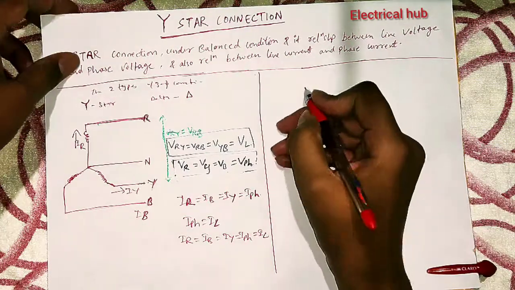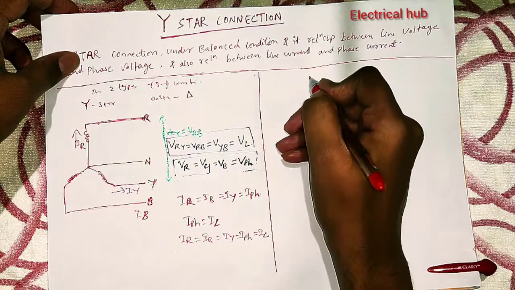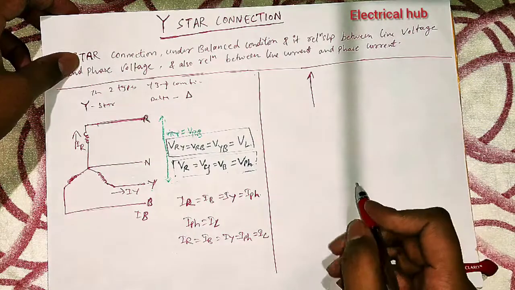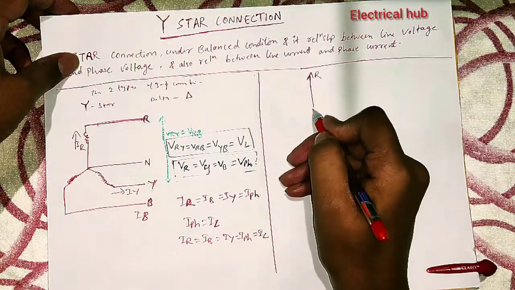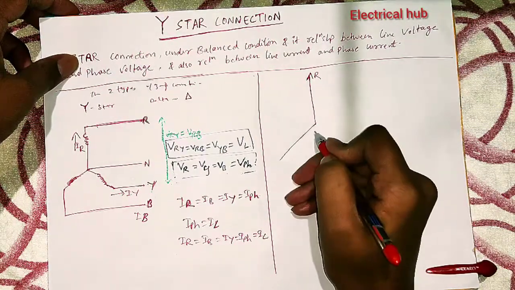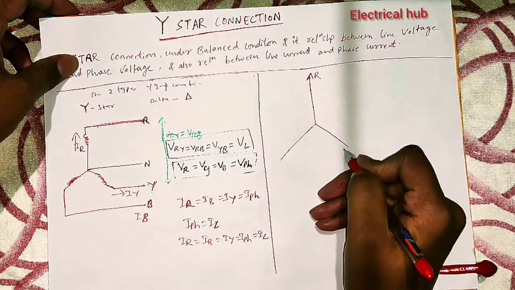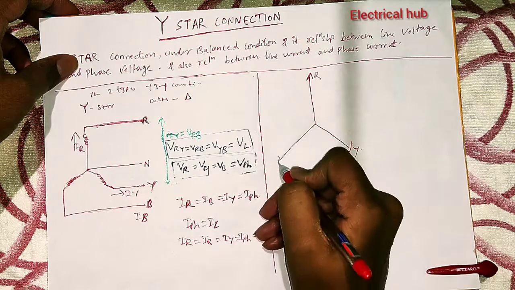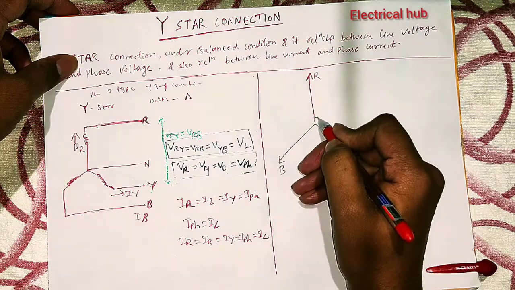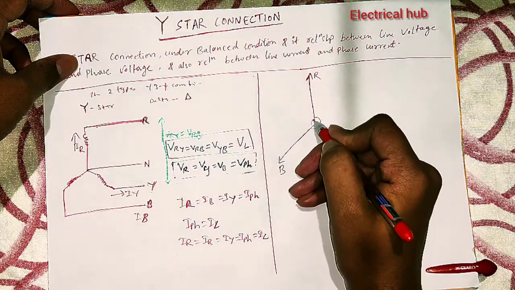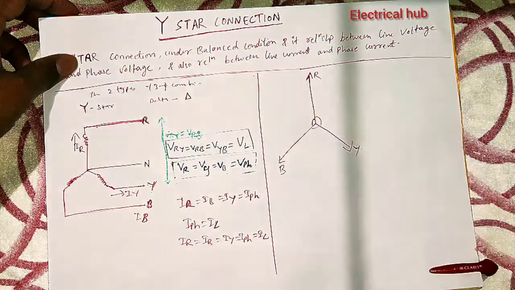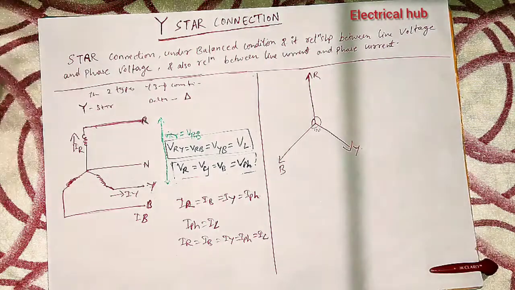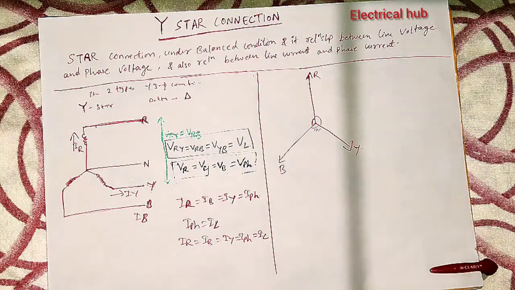So I wanted to tell you that in the phasor diagram of star connection, there will be three-phase connection, this will be R, like this will be Y, and then B, and the angle between these three-phase RYB wires will be 120 degrees each, and then it will make 360 degrees.